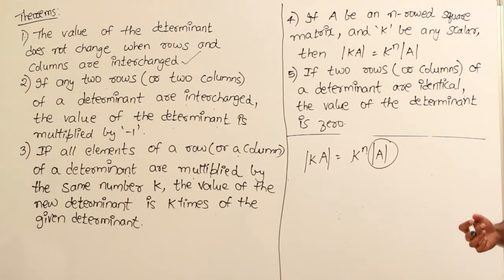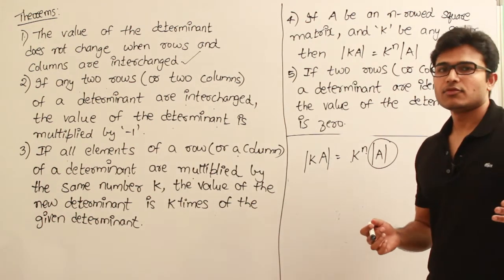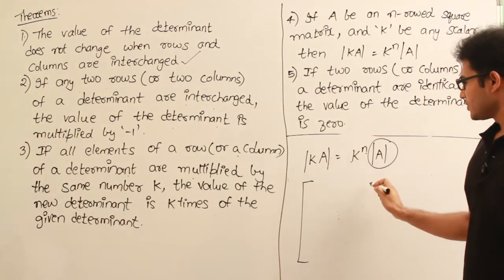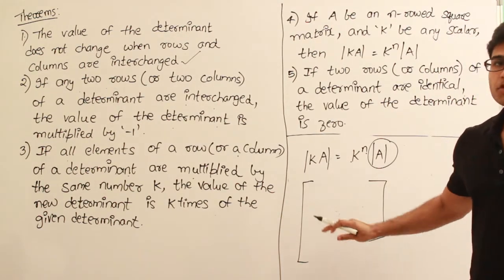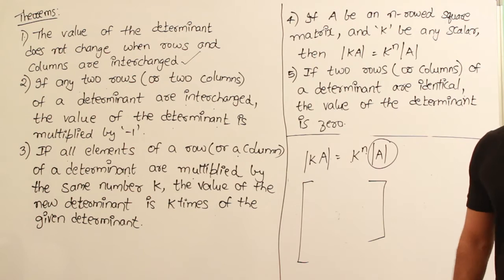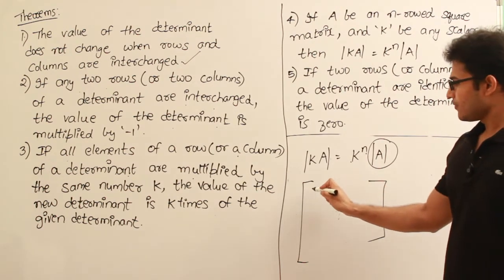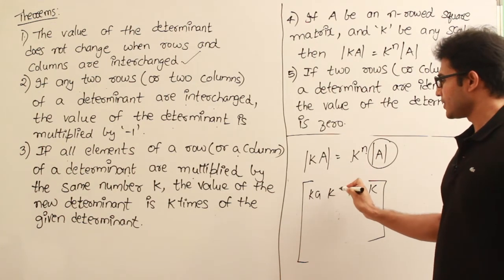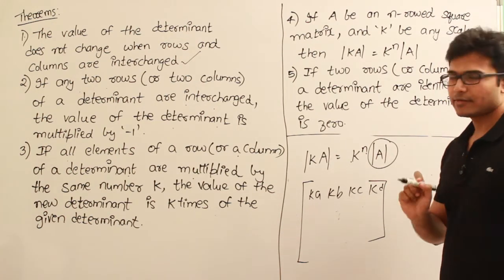How is it possible? Again I'll explain. If you understand it, it is okay, otherwise leave it. It is an n ordered matrix, which means it has n rows and n columns, and every element here is multiplied with k.